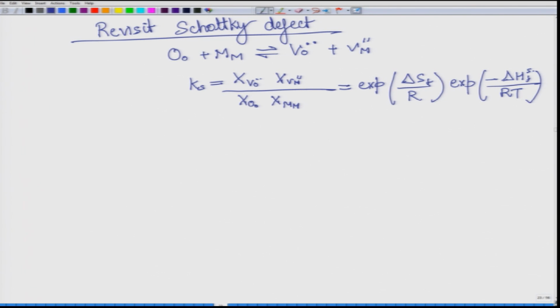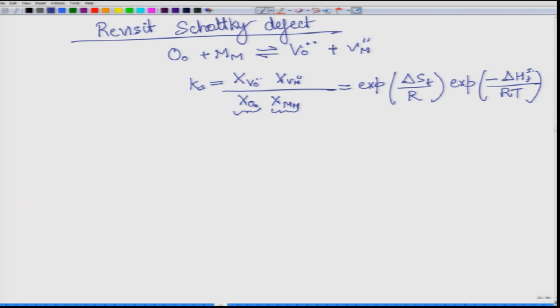Now, what else do we know here? We know the fraction of O on O and the fraction of M on M. Similarly, we also want to know the fractions xVO and xVM. There are certain assumptions we will have to make here. One is that this particular defect is the dominating defect.